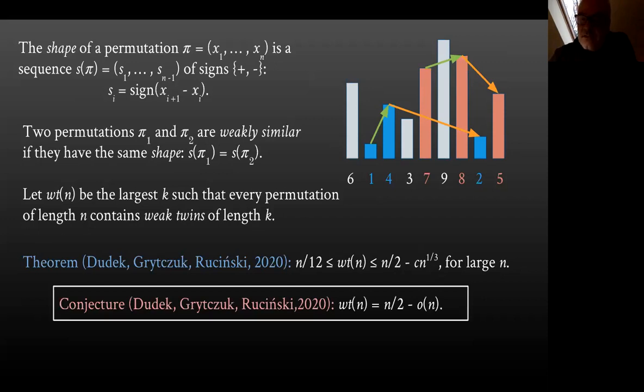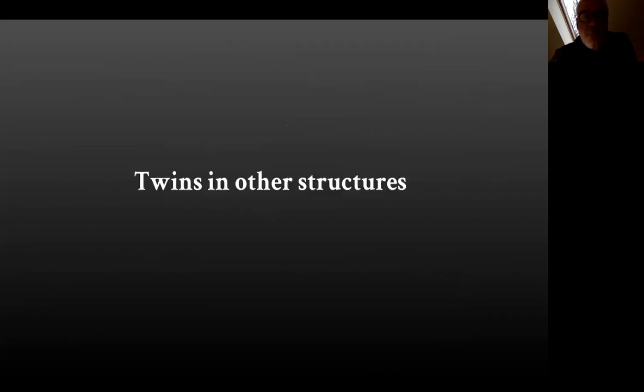Yeah, so this is the conjecture I just commented on, and the same enumerative problem can be stated also for this weaker version of twins.